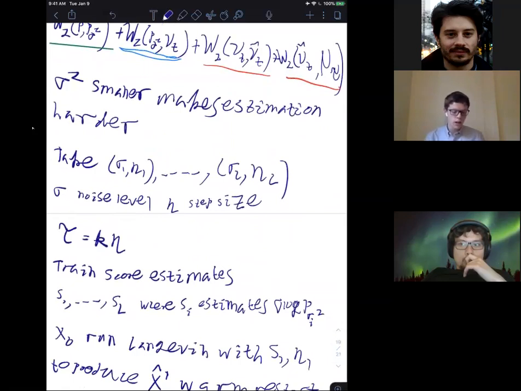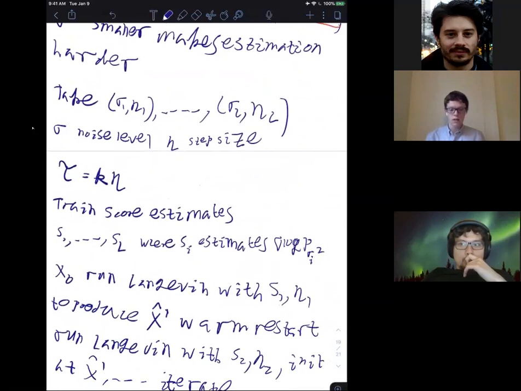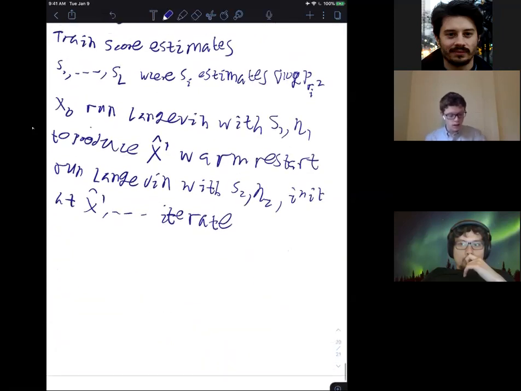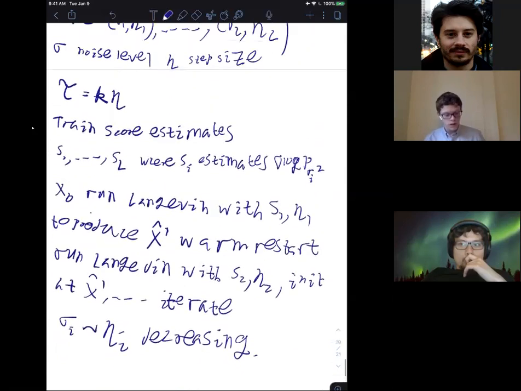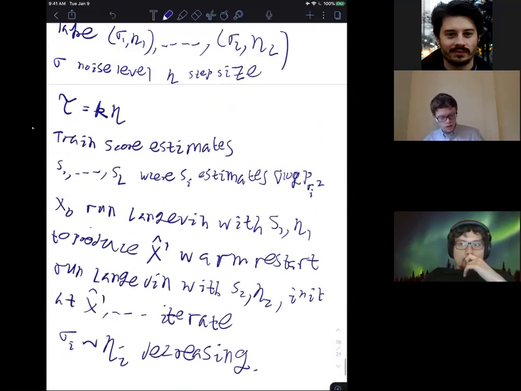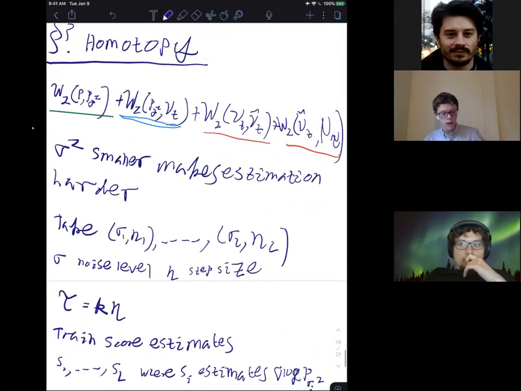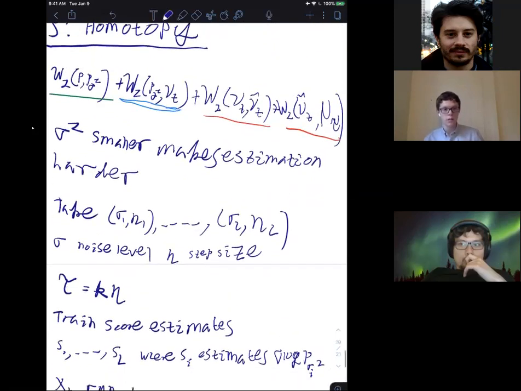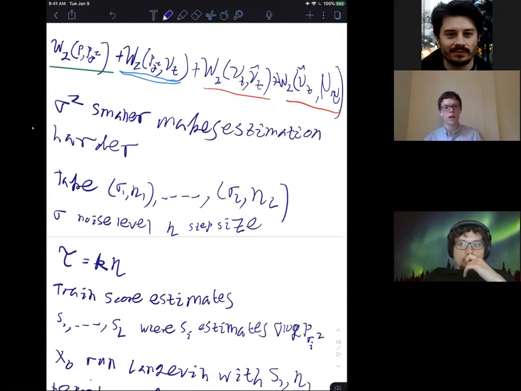We can actually plug some of these estimates into our bounds, ugly as they are, and heuristically, both from the bounds and from what works in real life, you want sigma_i to be proportional to eta_i, and you want these to be decreasing. So I would say the conclusion here is that there's now a firm theoretical foundation for why this homotopy annealing step really helps, because early on we need to accelerate the Langevin to be mixing as much as possible.